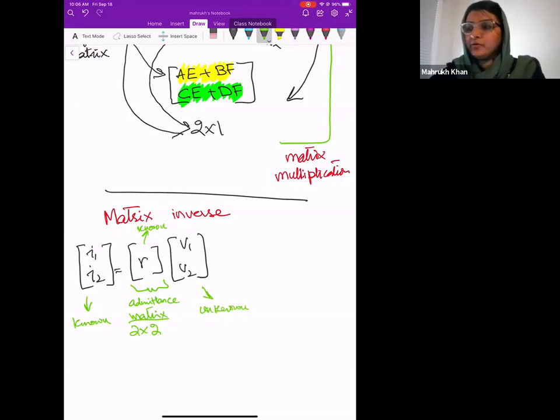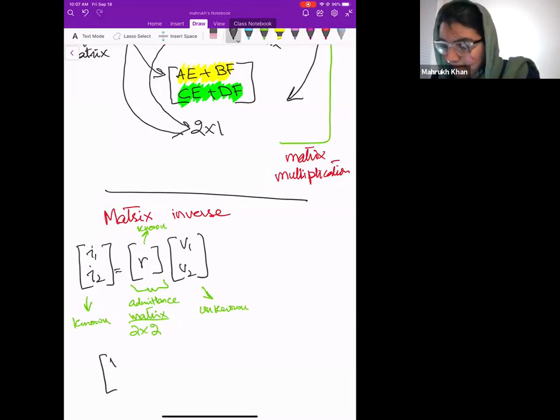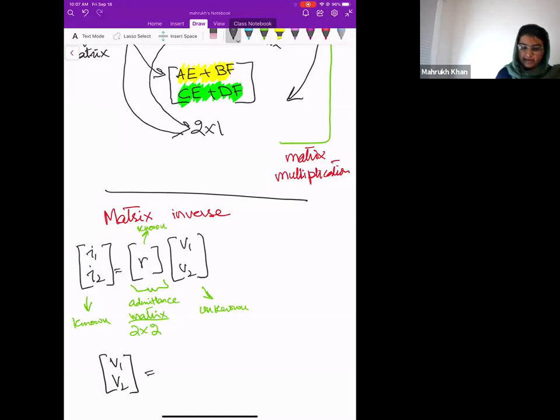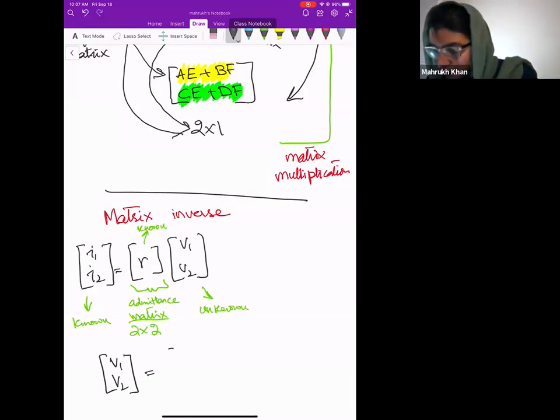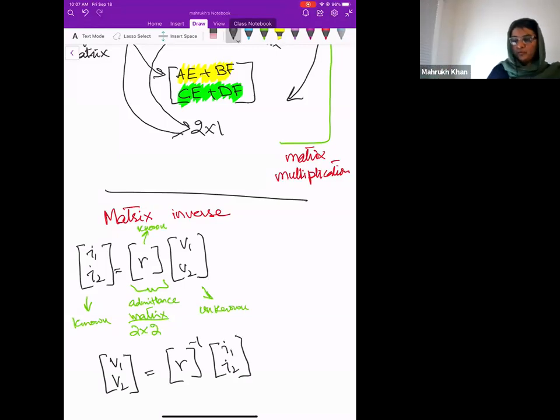So the way of finding it is, I need to take the inverse of the admittance matrix, which will be written as this thing. That will help me solve for it, the inverse of the admittance matrix.